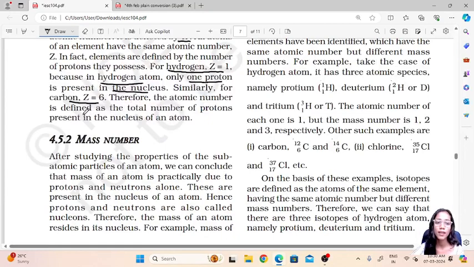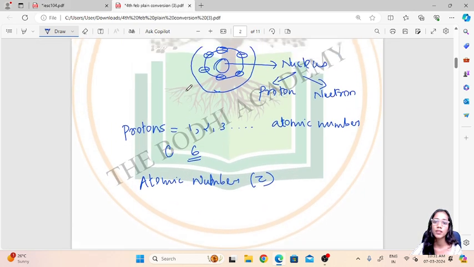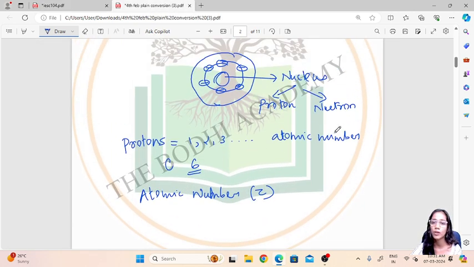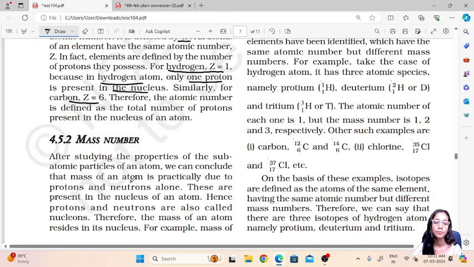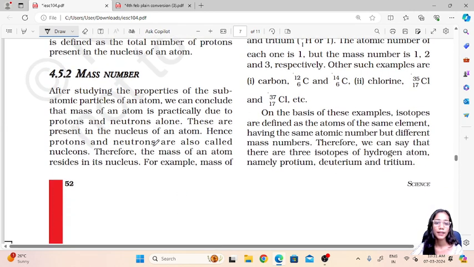Now the next concept which we have to see is the mass number. In the last video I had already mentioned what is mass number. It is all the entities which are present inside the nucleus, and what is present inside the nucleus is the protons and neutrons. So the sum of the masses of the protons and neutrons is the atomic mass.